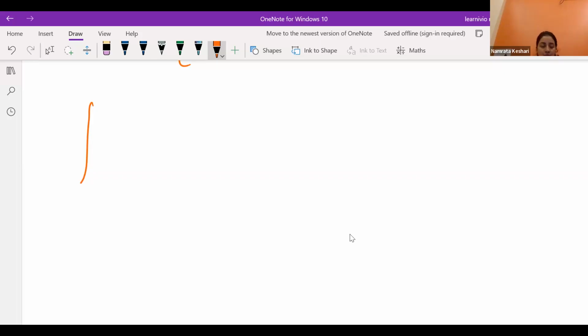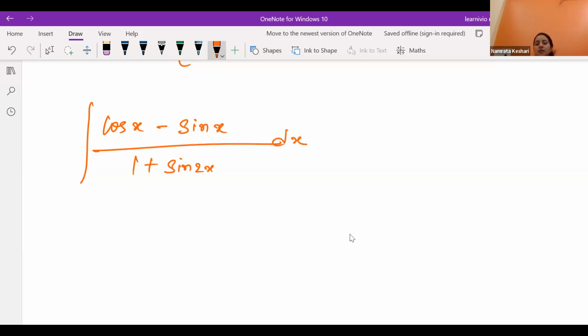Okay, if we are having this one, cos x minus sin x over 1 plus sin 2x dx. What to do over here, Annapurna?